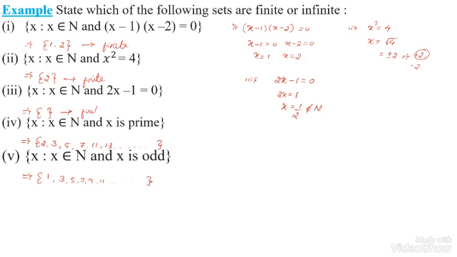Now, the fourth one, the prime numbers 2, 3, 5, 7, 11, 13, and so on. We don't have a last value, hence it is infinite. Again, the fifth one is the set of odd natural numbers. It is also infinite. Now the concept is clear for you.